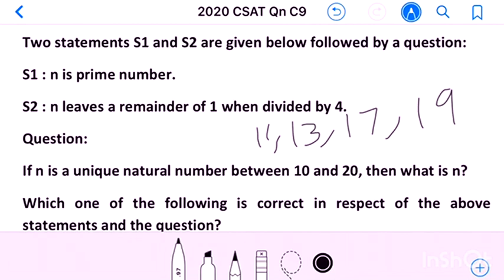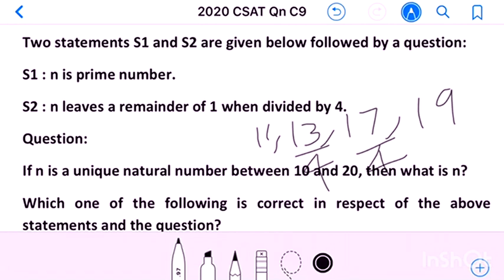Then N leaves a remainder of 1 when divided by 4. So here we can see 13 divided by 4, we get remainder 1. And similarly 17 divided by 4, we get remainder 1. And for 11 by 4 we get remainder 3. Here also we get remainder 3.